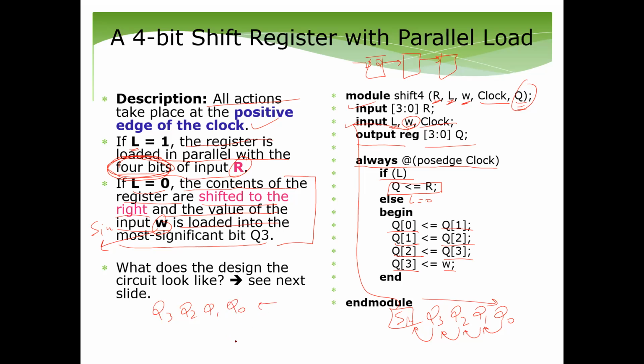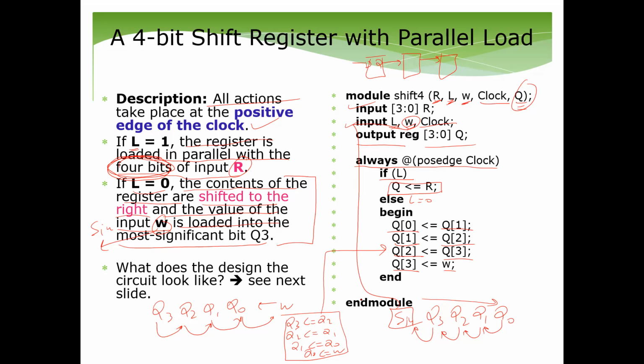If I want to shift left from here, that means Q3 will take Q2, Q2 takes Q1, Q1 takes Q0, and Q0 takes W. So the code will be Q3 takes on Q2, Q2 takes on Q1, Q1 takes on Q0, and Q0 takes W. If you just replace this block with this block, you get yourself a shift left register.